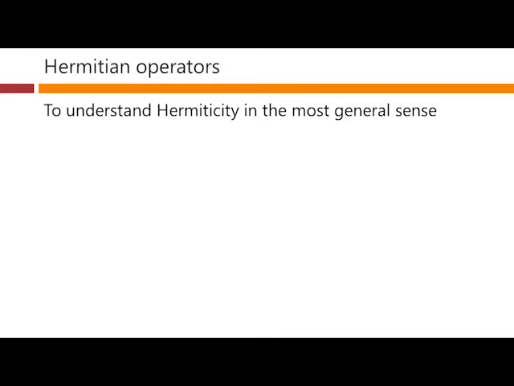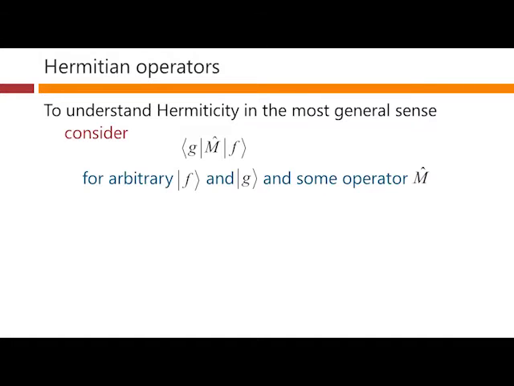To understand Hermiticity in the most general possible sense, consider this product here: a bra vector G, our operator of interest M, and a ket vector F. These are going to be arbitrary vectors G and F and some operator M. Let's look at the Hermitian adjoint of this product.